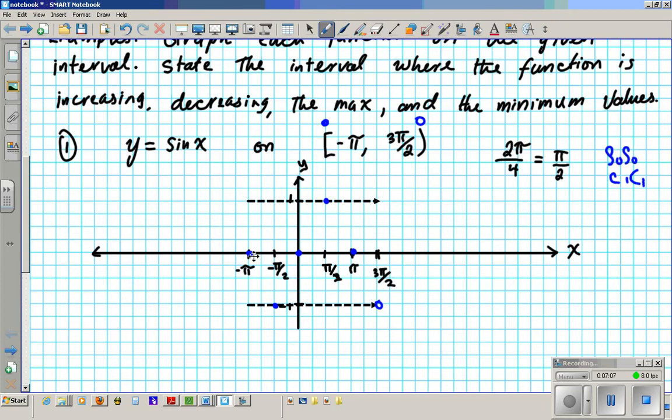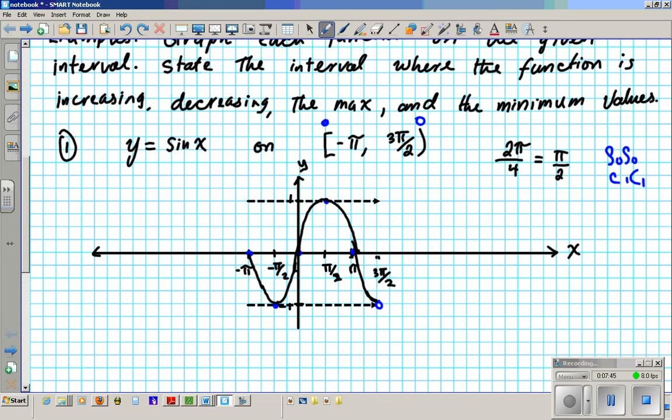Starting from here, we go straight through the center, and then curve at the bottom. Straight through the center, curve at the max, straight through the center, and then curve right at the min, right there. Okay? So there goes your graph.